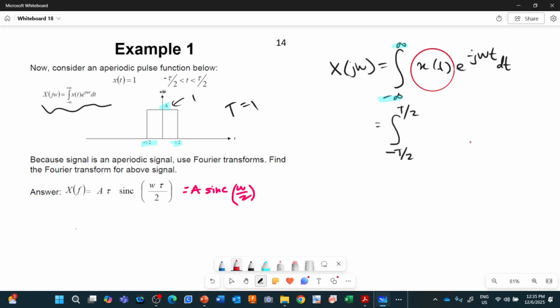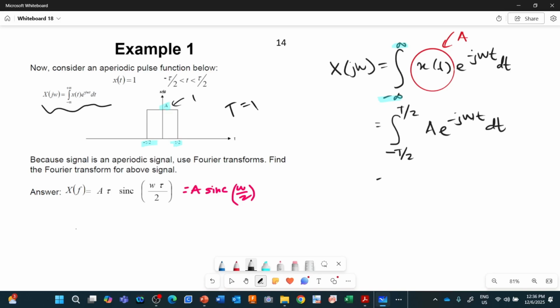I'm going to stay with A because I'm going to prove that what we derive later will be the same as the continuous time Fourier table. So x(t) is equal to A, and A times e to the minus j omega t dt.